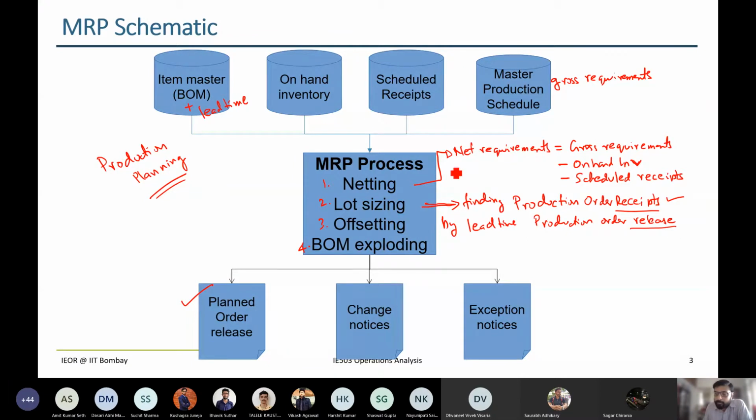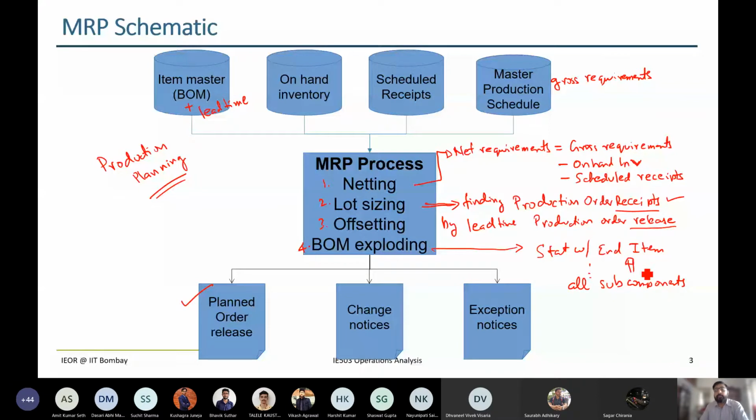Once we do that, we do BOM explosion. By that, what we mean is typically we start with the end product, the end item, and then we schedule for all subcomponents and sub-assemblies that together make this end item.